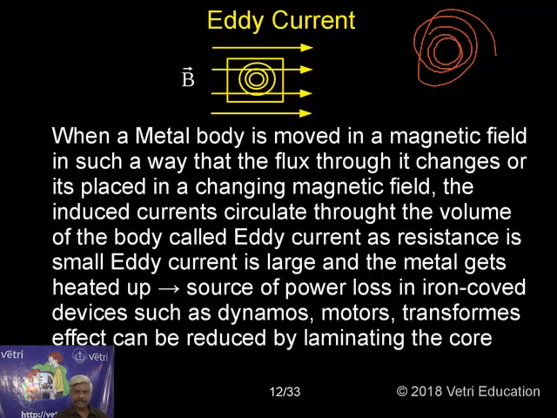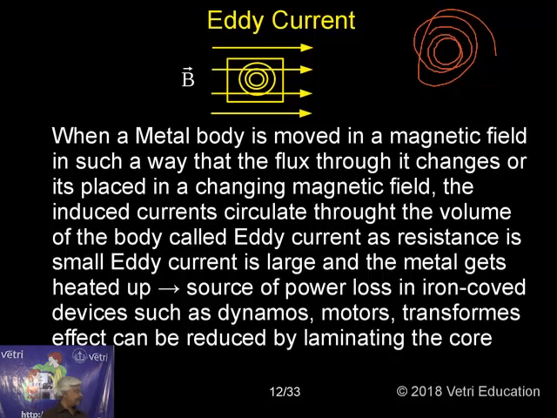Automatically, whenever a metal plate is placed in the magnetic field, whether required or not, immediately the current is produced in the form of a circle, or hurricane, or cyclone, or whirlpool. Then the current is called eddy current.